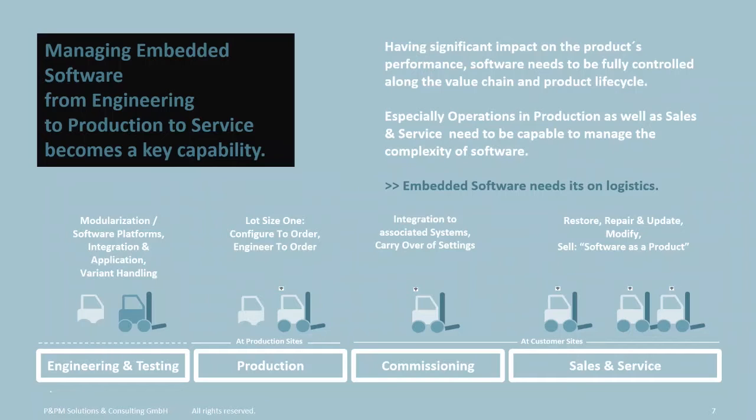So configure to order, potentially also engineer to order scenarios, where you need to have the capability to have an order-specific data supply of a flash package, including the right parameter settings. So you see already in the production scenario, we face a couple of challenges, and it goes beyond a simple transfer of a few flash files.